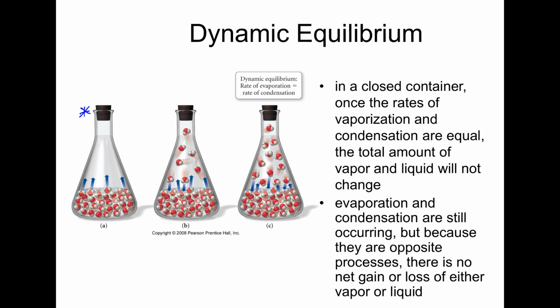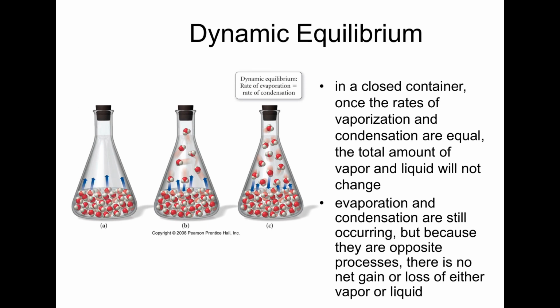At the very beginning, we just have liquid down here at the bottom. And even at room temperature, there's some kinetic energy there. And some of the liquid molecules are going to evaporate into the gas phase. So that's what we see here, liquid water molecules moving into the gaseous phase. And we're just using water as an example here, but this would happen for any liquid.